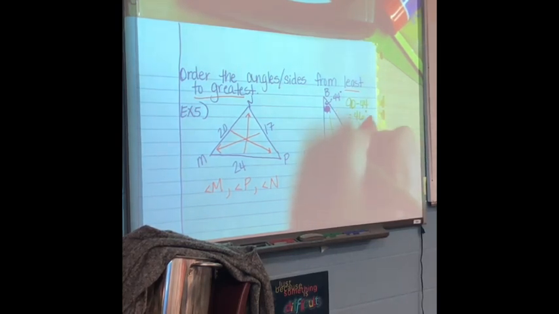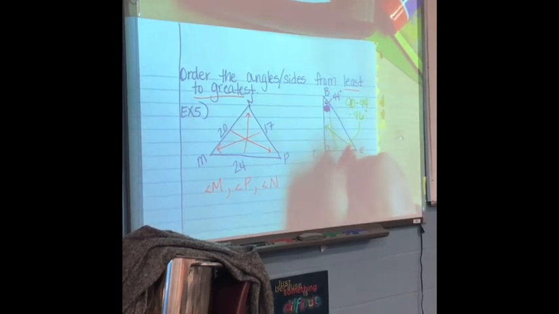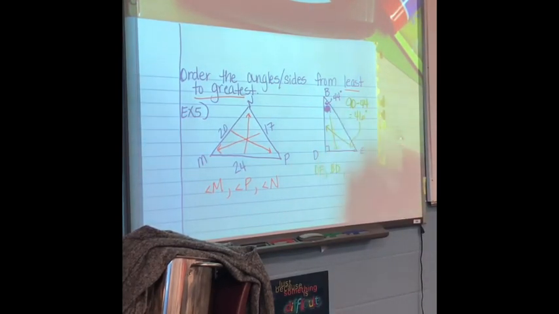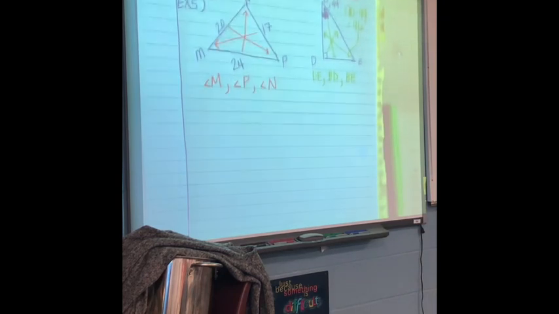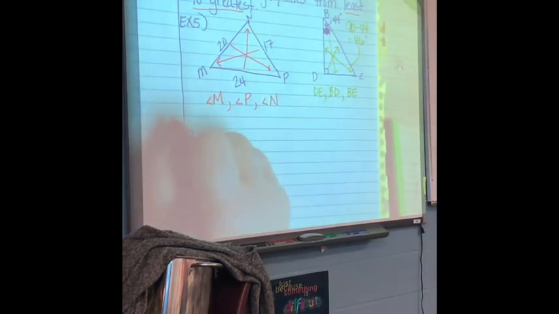Angle E, and it is opposite BD or DB. And lastly, the angle D is the largest angle, so it's opposite BE, which is the last one there. All right, questions? All right, you try this one.